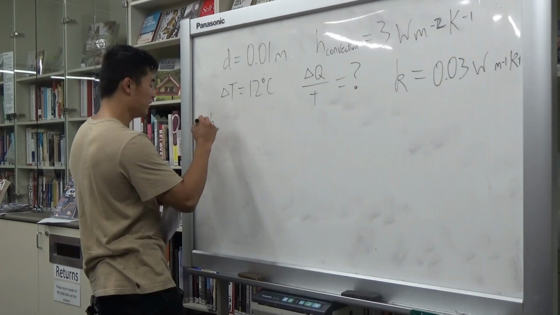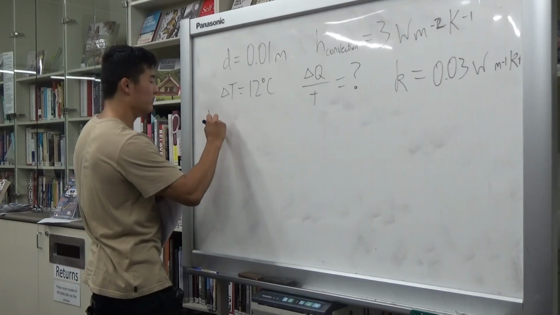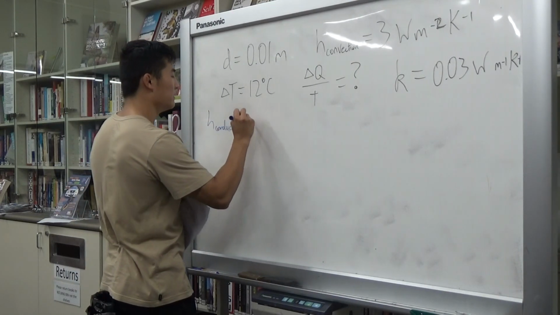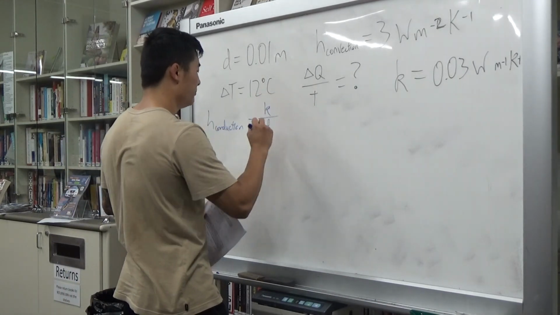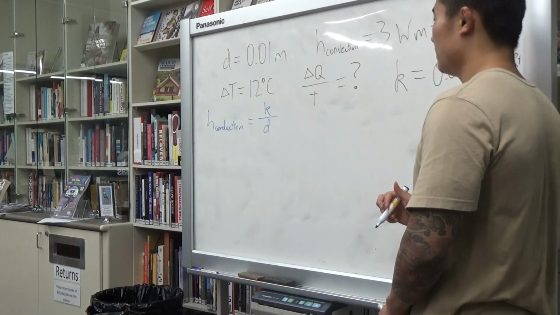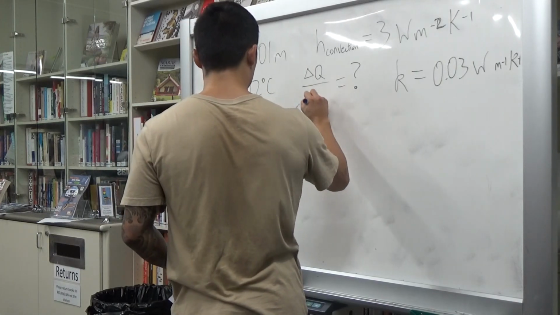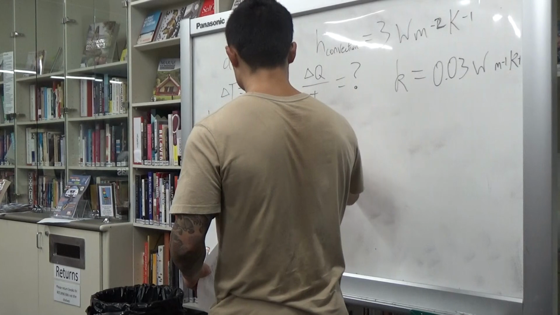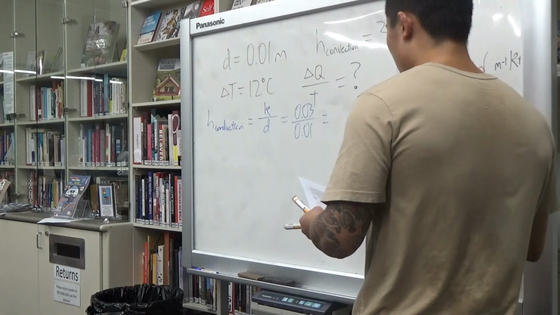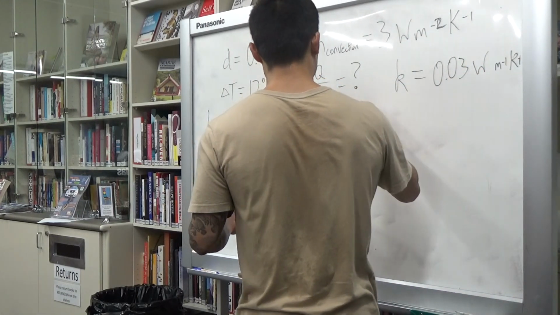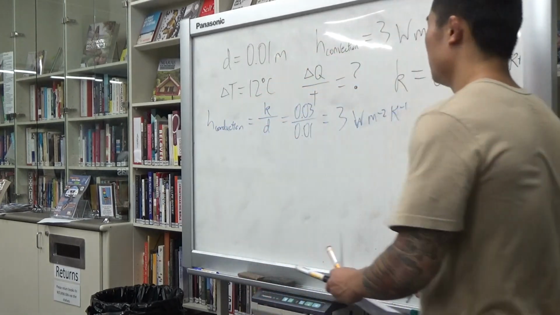So the H of conduction is equal to K divided by D. So K is going to be 0.03 and D is 0.01, and that will be 3 watts per meter squared per Kelvin.